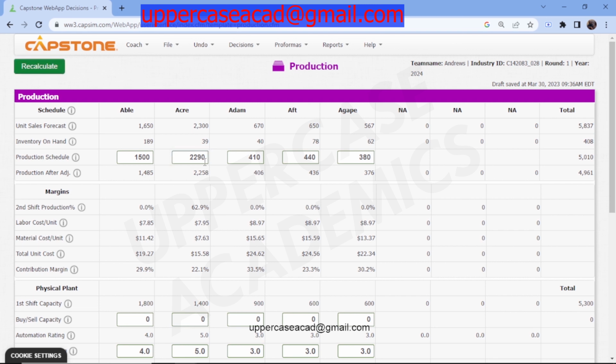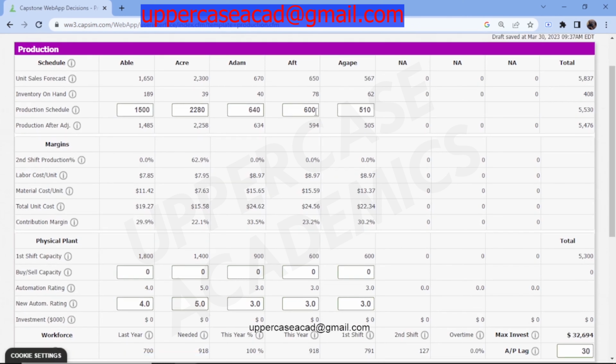Let us just leave it at 80. Then for this one I'll produce 640. Then for this one I'll produce 600. Then for this one I'll produce 500. And for this one, let me top it up to 510.